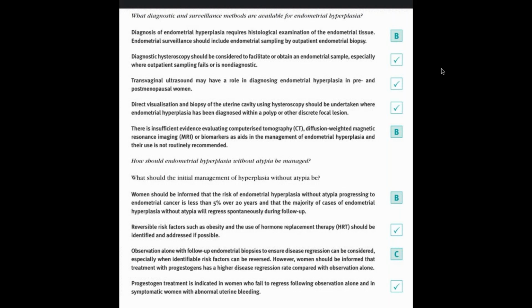The second option is we can start you on medication, which is hormonal treatment. Hormonal treatment, compared to just following you up, has a better cure rate than this follow-up. Okay, this is how you can explain it.